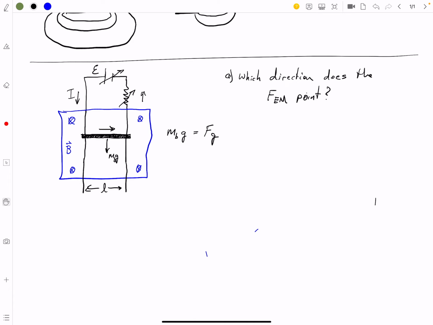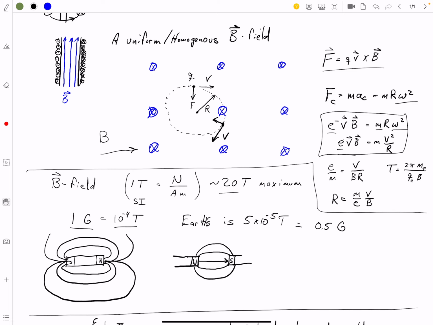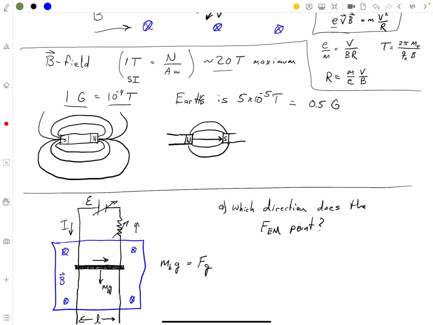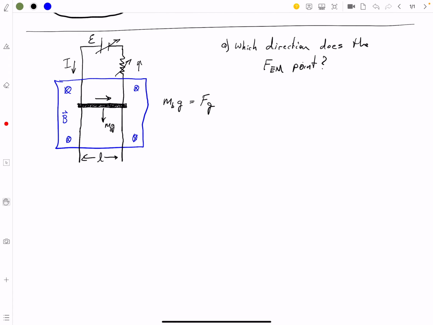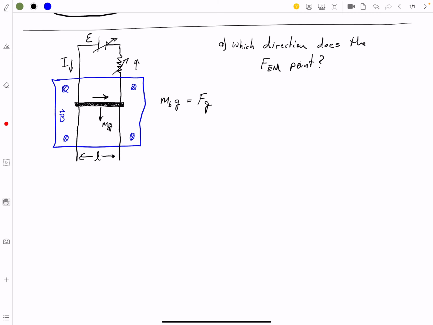So let's go back to our equation. F equals qV cross B. V is equal to delta x over delta t.